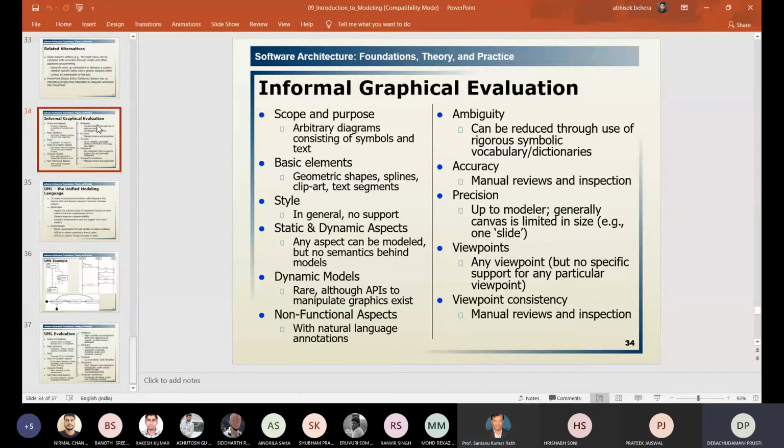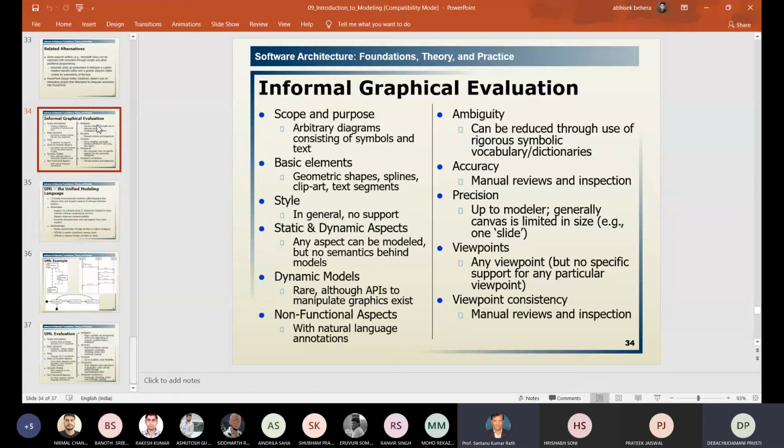Then ambiguity: it can be reduced through the use of rigorous symbolic vocabulary dictionaries. Then accuracy: manual reviews and inspections. Then precision: it is up to the modeler.